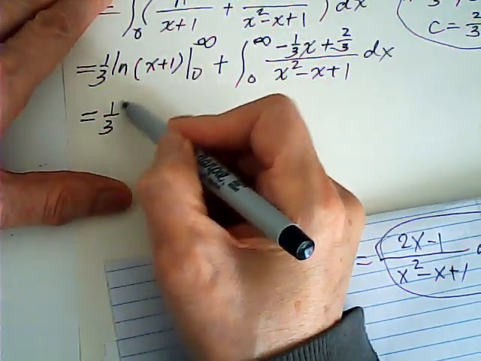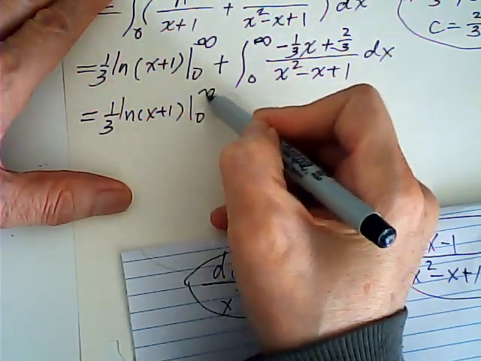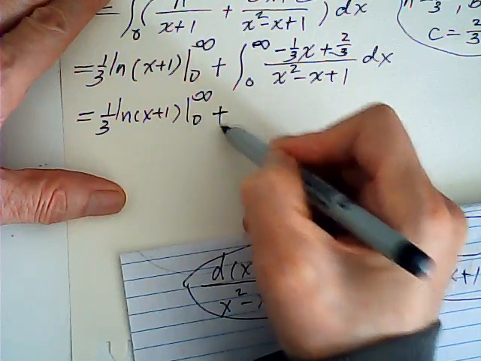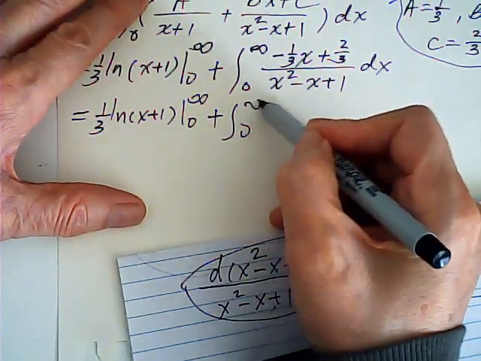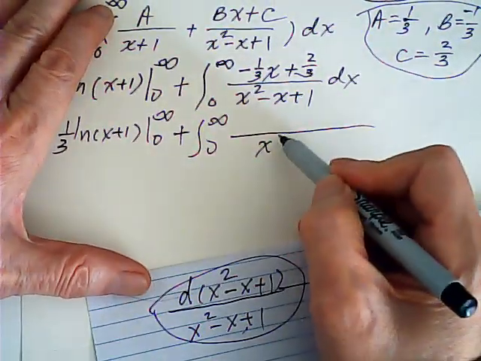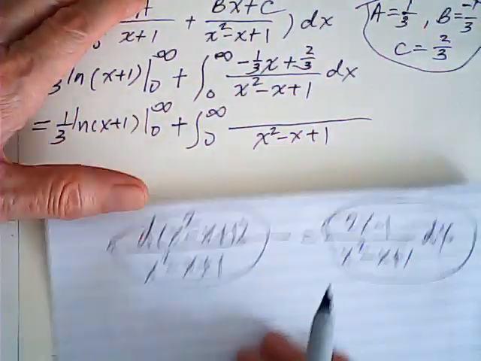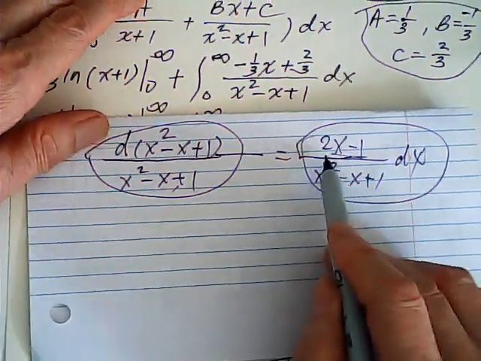This is 1/3 natural log of x plus 1 from 0 to infinity plus the integral of x squared minus x plus 1. Look, I want this.